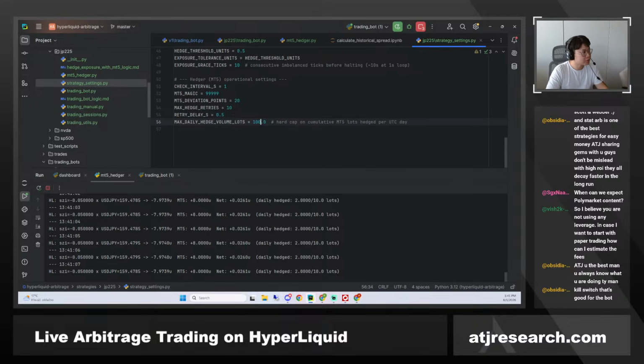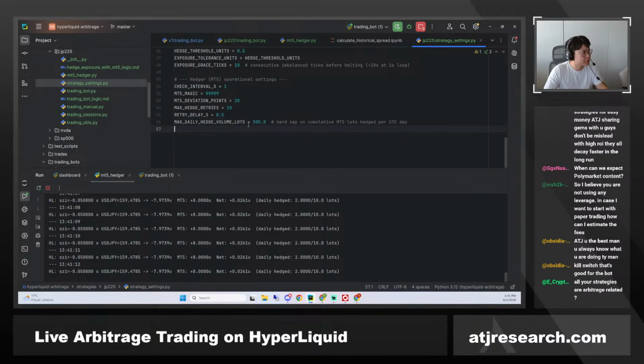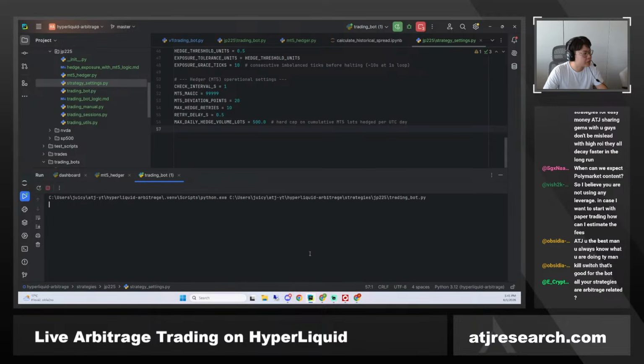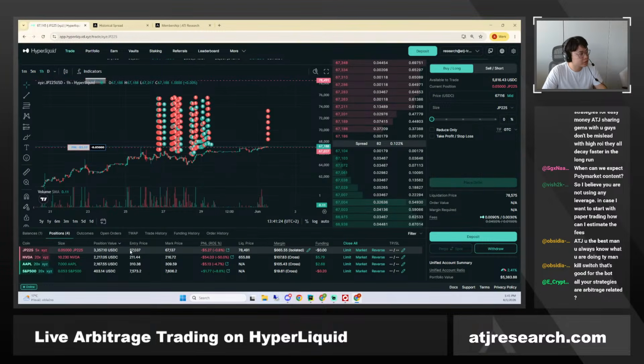And so I'm not too worried, right? I can just provide 500 because this is just a security measure. So I just provide a large value in case my trading bot does something stupid. So here I can just restart my trading bot, and now we're trying to build exposure on JP225 to now be 5-fold.